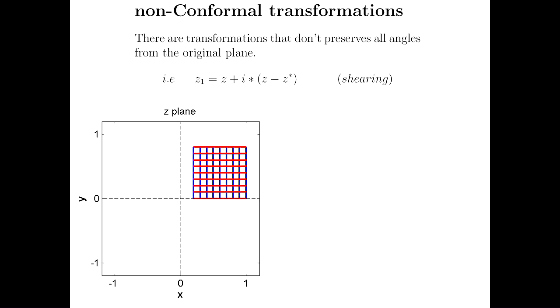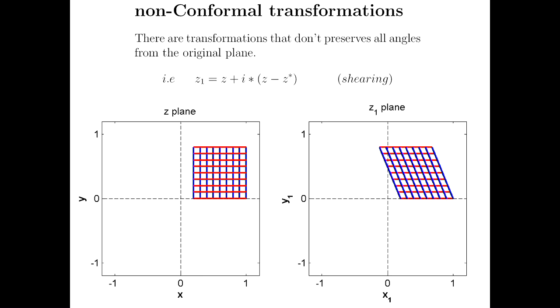Now, if I apply some transformation where Z1 equals Z plus i times (Z minus the conjugate of Z), this transformation is known as shearing. Is this still a conformal transformation? No, the answer is there.